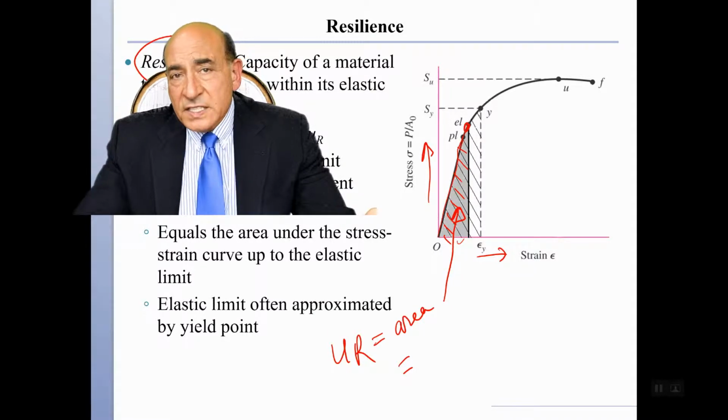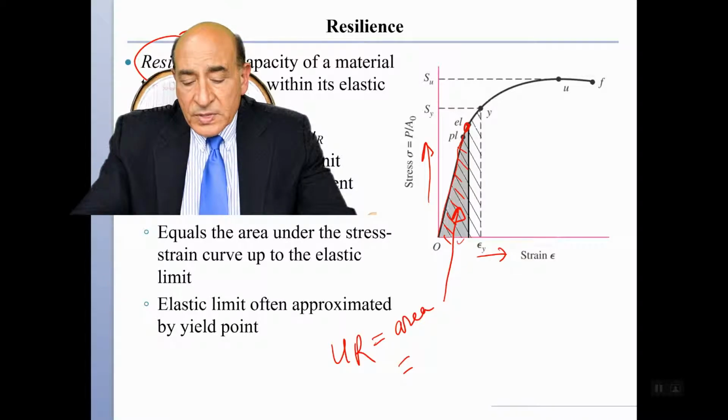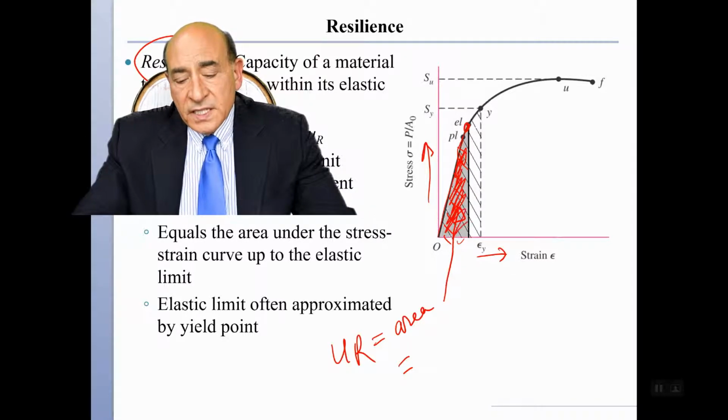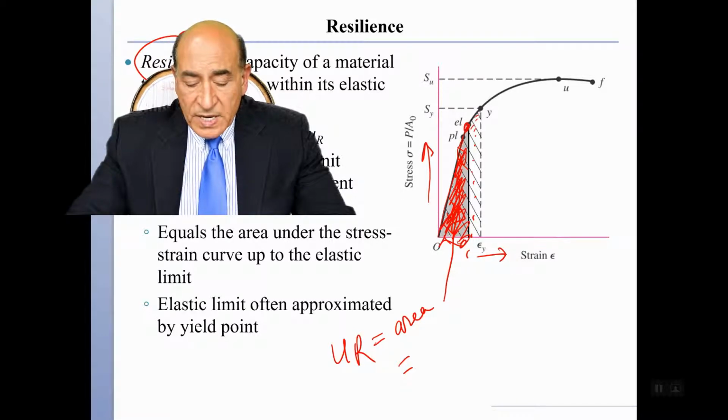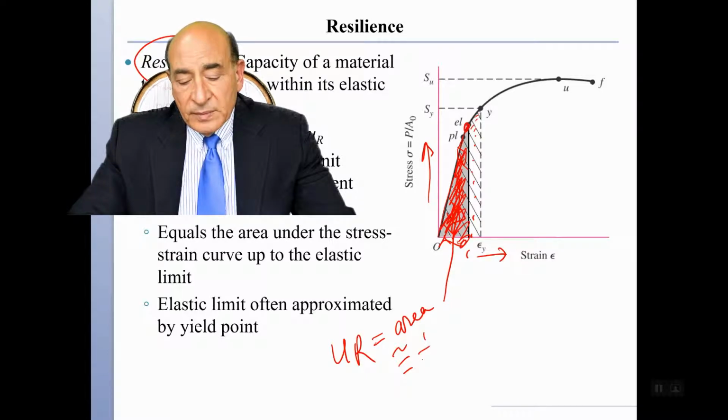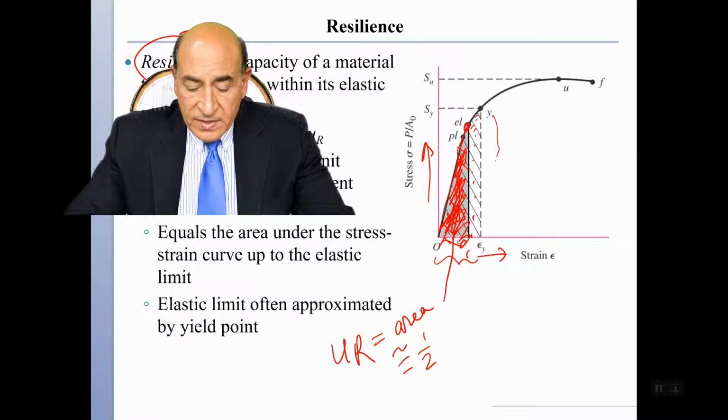So as an approximation, we will approximate the area of this heavily shaded triangle with the area all the way up to the yield point, including the difference between the elastic limit and the yield strength of the material. So this will be approximately half of the base of the triangle times the height, so half epsilon yield times S yield.